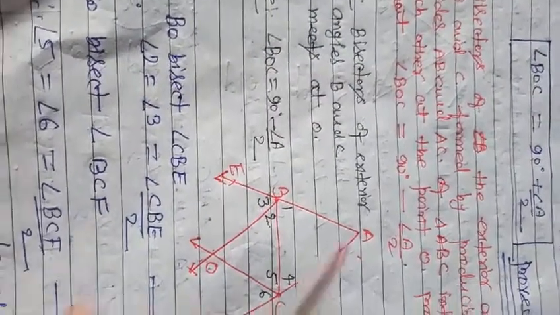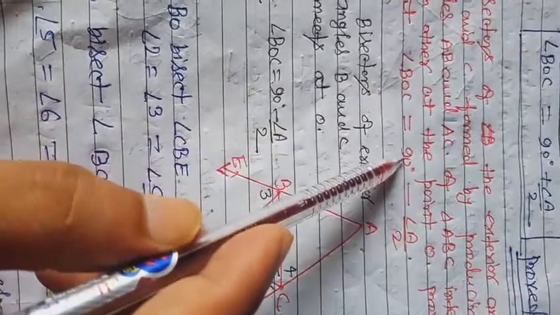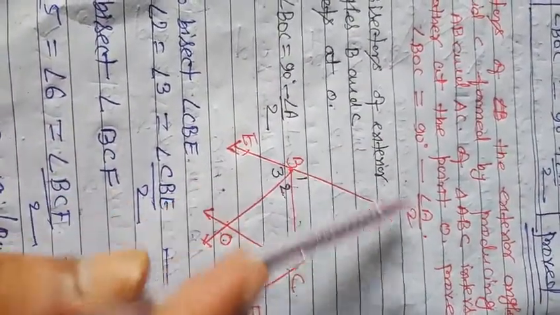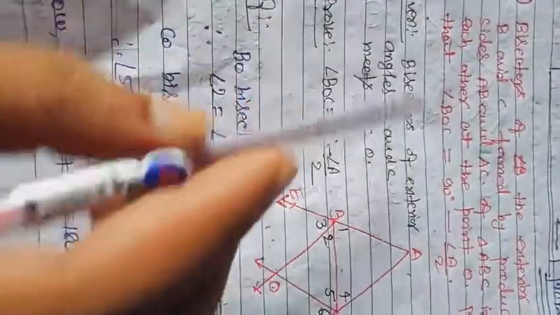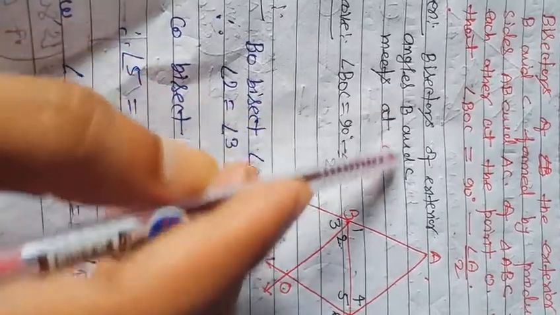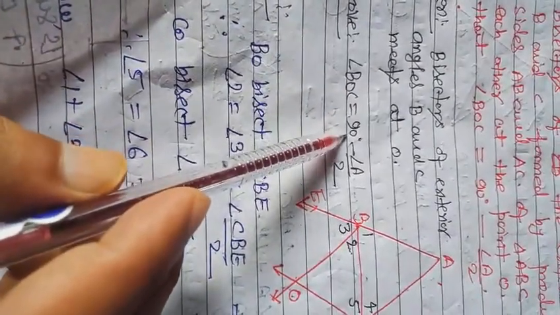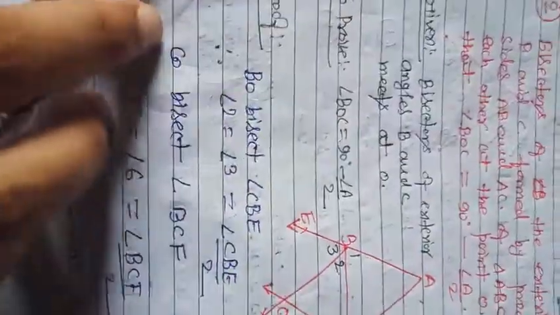In the previous question, angle BOC is equal to 90 degree plus angle A by 2, and in this question 90 degree minus angle A by 2. So here given is bisectors of exterior angles of B and C meet at O. To prove BOC is equal to 90 degree minus angle A by 2.